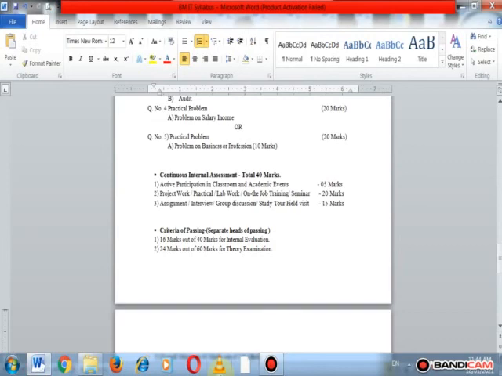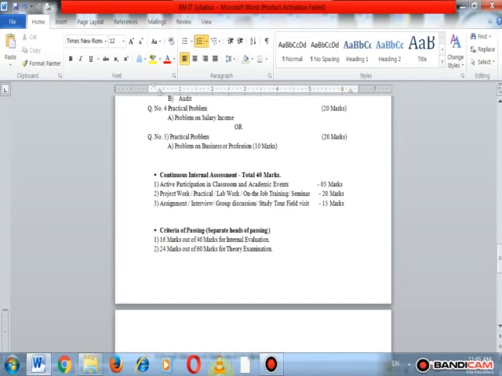Second part is 24 marks out of 60 marks for the theory examination. The theory examination is for 60 marks, and if you get 24 marks out of 60, then you can pass the exam. This is the criteria of passing and the separate heads of passing.